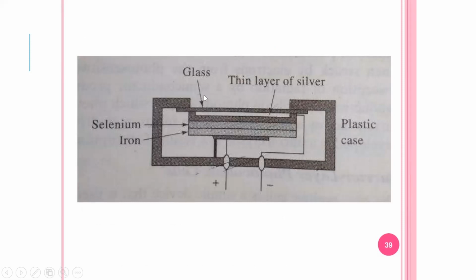When light is incident on the silver, electrons are produced. These electrons are deposited on the silver layer. So this silver layer has negative charge and the other side, the iron layer, has positive charge. This results in the generation of current, which is proportional to the intensity of the incident light.